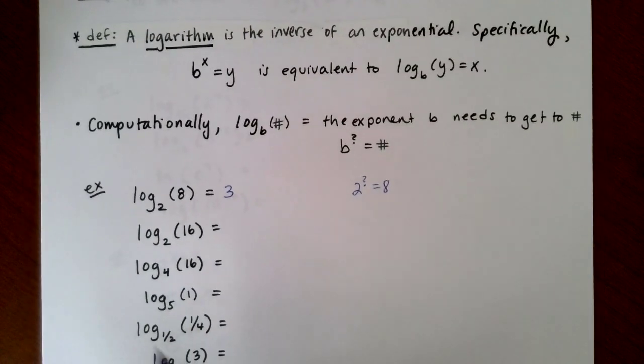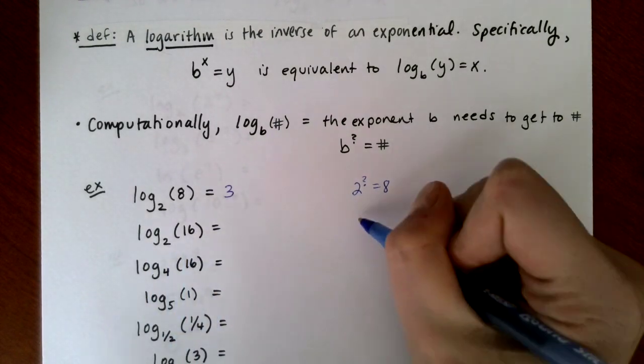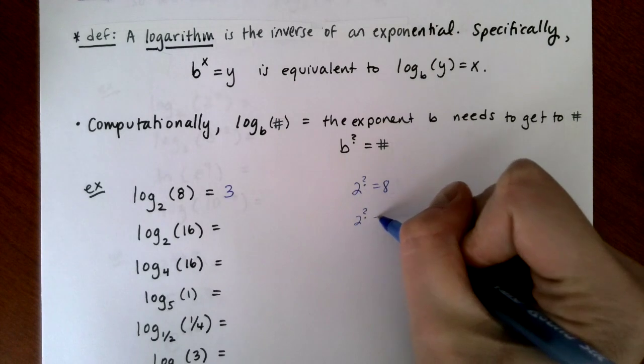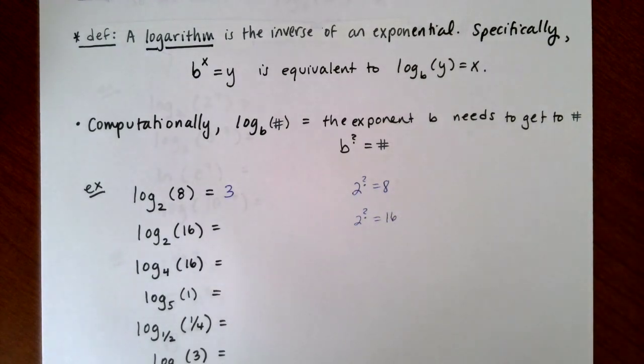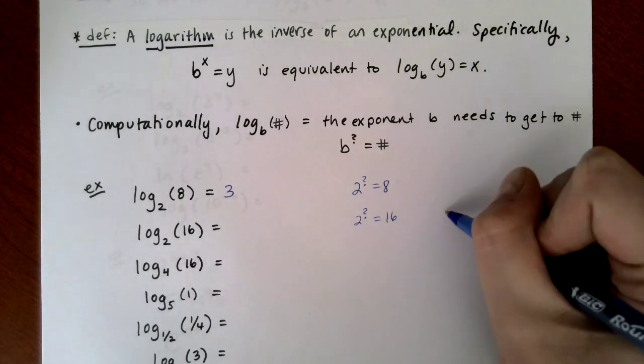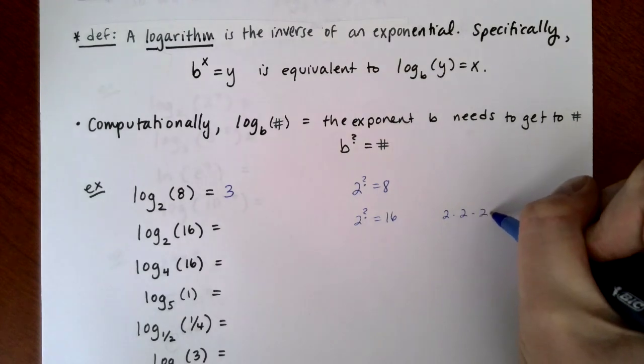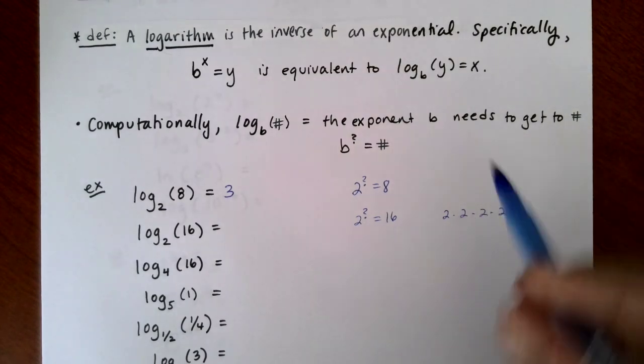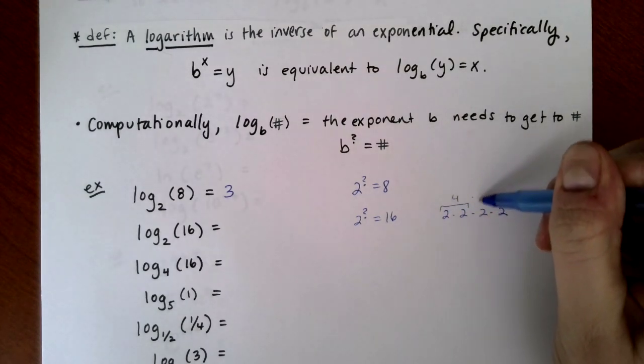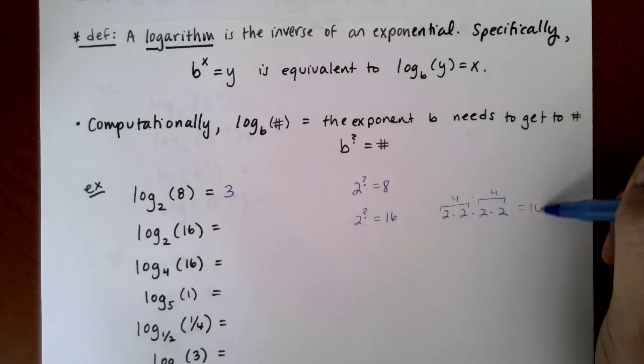For the next one here, we have log base 2 of 16. So we're saying 2 to what power equals 16? Once the numbers get big like this, it may take a little bit of guessing and checking. I have 2 times 2 times 2 times 2. So this would be 4 times another 4 is 16.